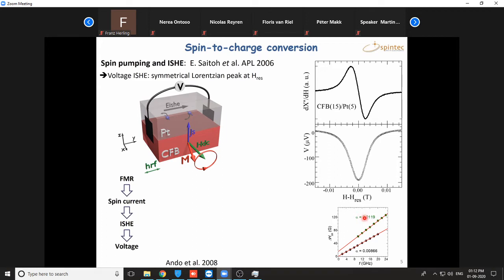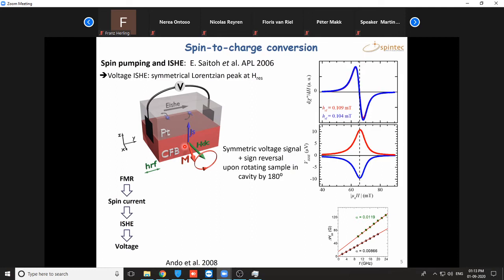So this extra Gilbert damping is directly related to this loss of angular momentum, this extra relaxation channel that we have opened by attaching a metal, for example, here to the ferromagnetic material. One important thing, of course, in the analysis of the signal is that we should respect some symmetry.